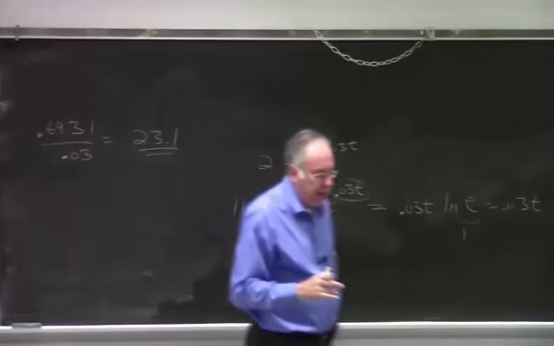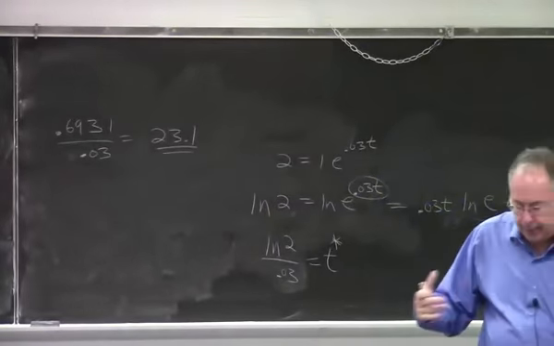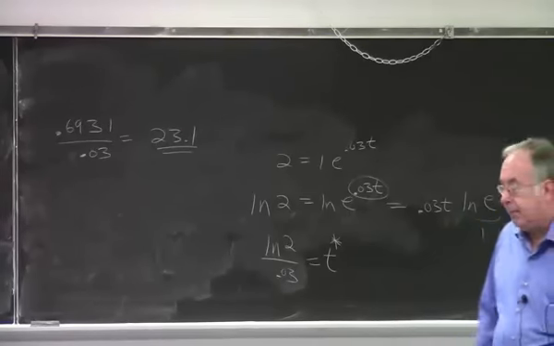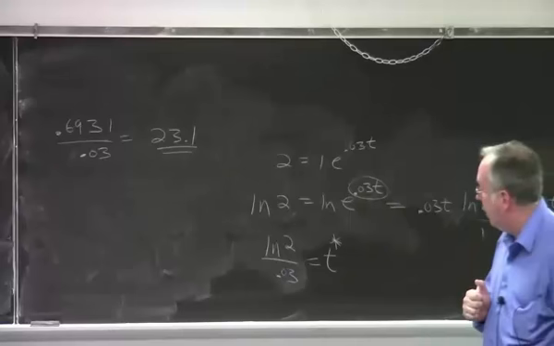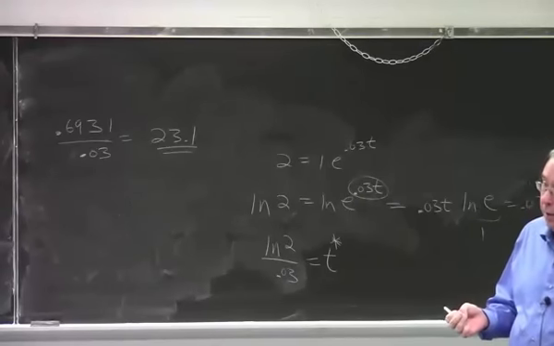If you're just going to depend on the power of compound interest, it's going to take 23.1 years for your 1 million to become worth 2 million.